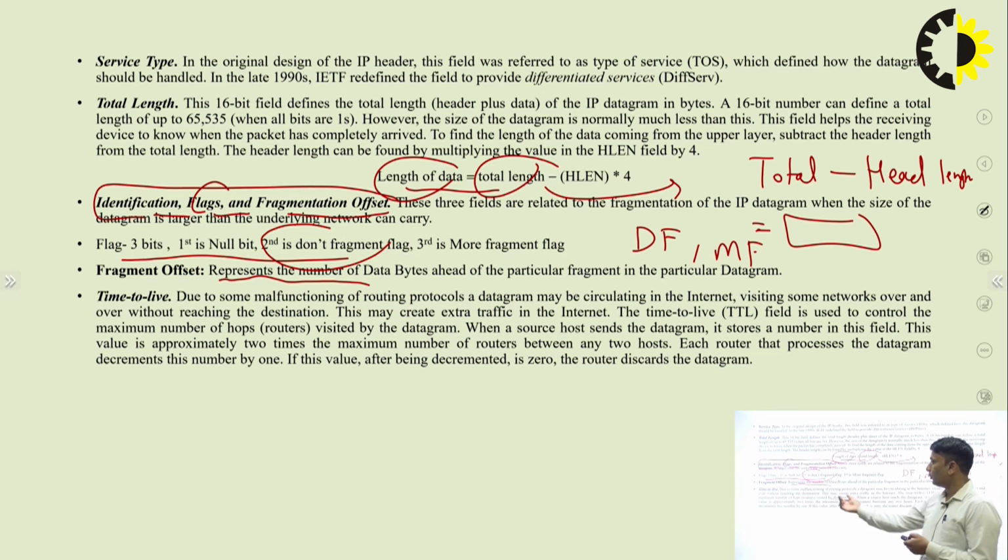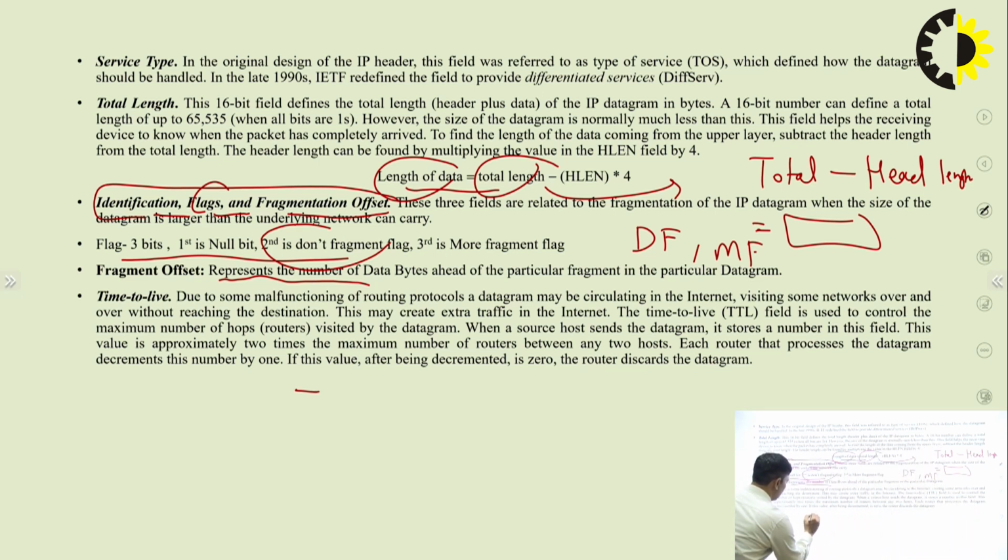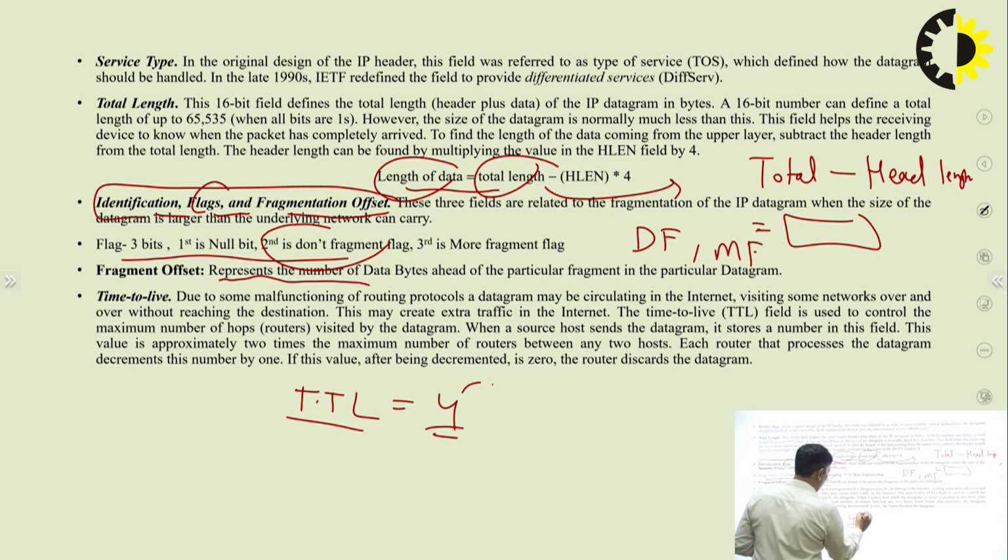Then time to live, which has a numeric value. Suppose the time to live, TTL, for a particular packet is 4. What does it mean? It means this packet in the worst case can be delivered by 4 hops, that is, it can reach the destination by jumping across 4 routers.